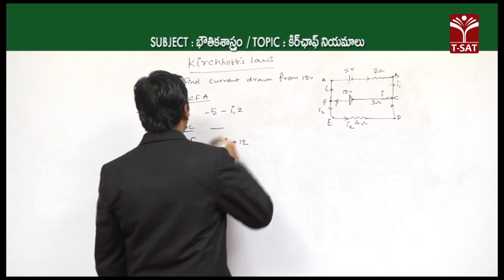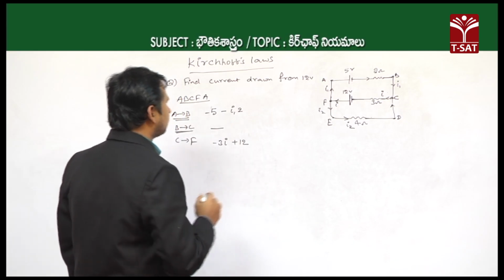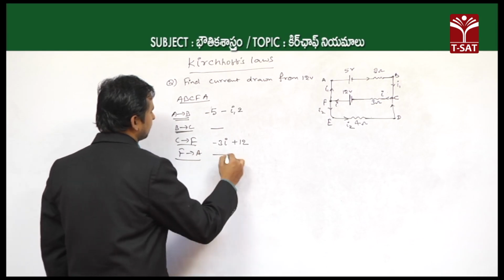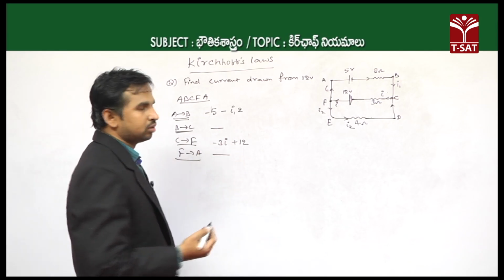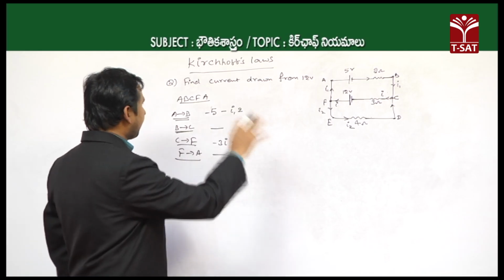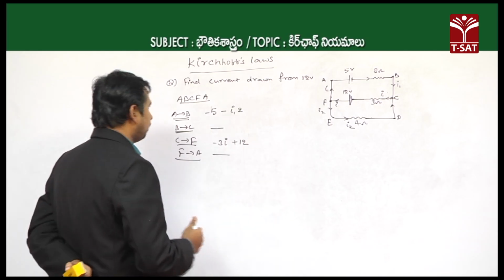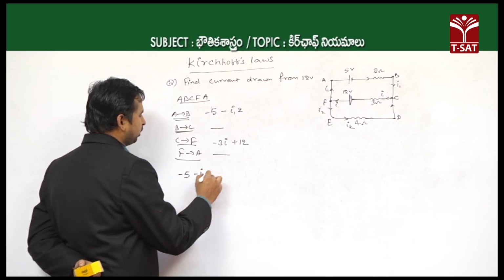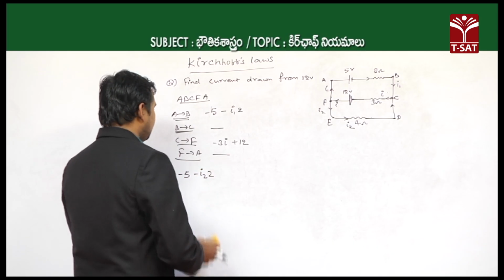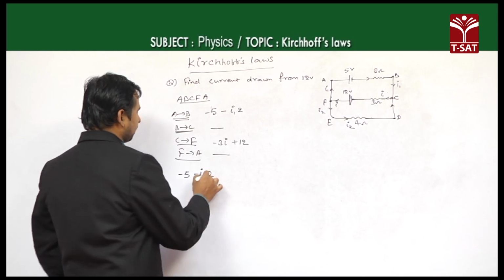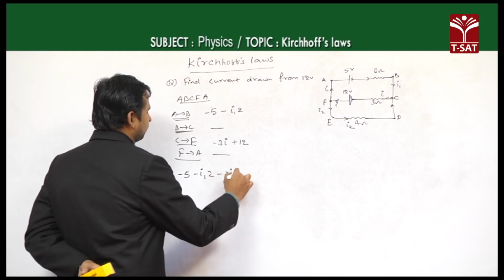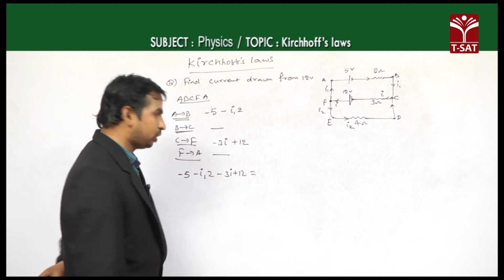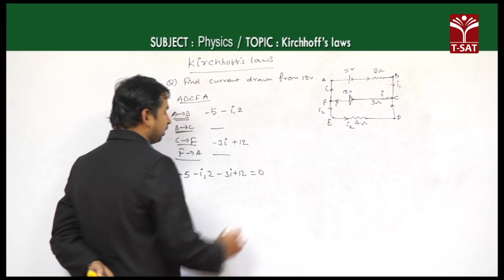Now for F to A we don't have any circuit elements present here, so the potential drop across this is also equal to 0. Then for the loop B, C, F, A, we finally get minus 5 minus I1 into 2 and minus 3I plus 12. The algebraic sum of all these potential differences is equal to 0 according to Kirchhoff's voltage law.